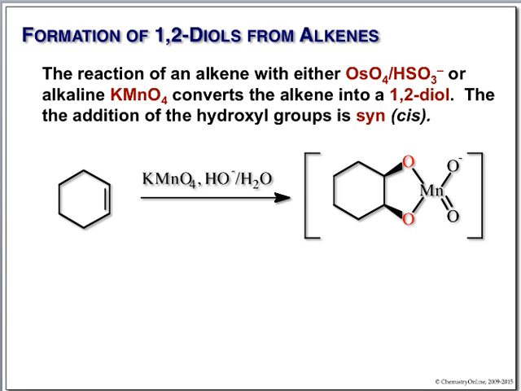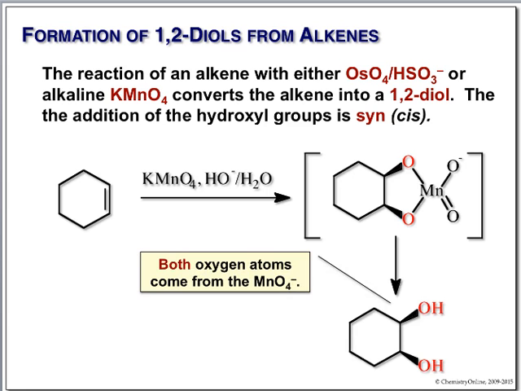It breaks down, we get MnO2, and we're left with a 1,2-diol. Again, cis stereochemistry. Very simple reaction, either permanganate or osmium tetroxide, cis 1,2-diol.